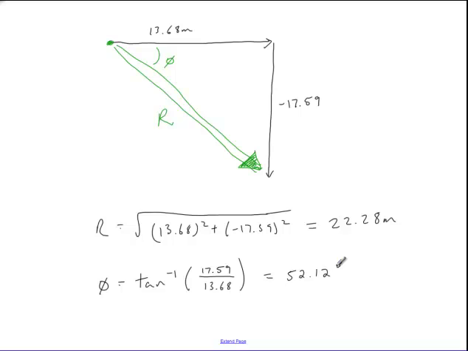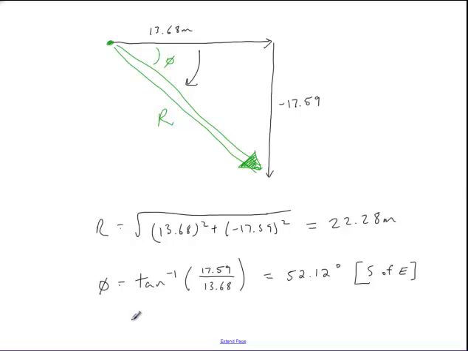So you have the distance, you have the direction, 52.12 degrees. What is that direction? We're going this way from here. We're going south of east. You should make yourself familiar with all of those because you're going to need them.